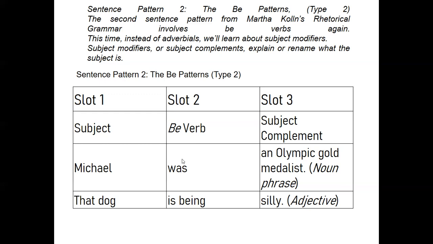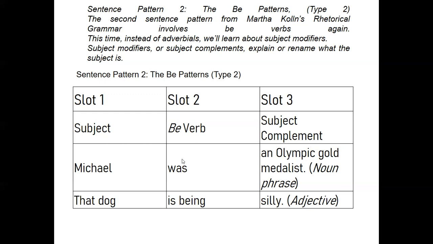Okay, next is Joshua isn't being an obedient child. So Joshua is the subject. Isn't is is not, being, so the be verb is in there. Then not being an obedient child is the subject complement.